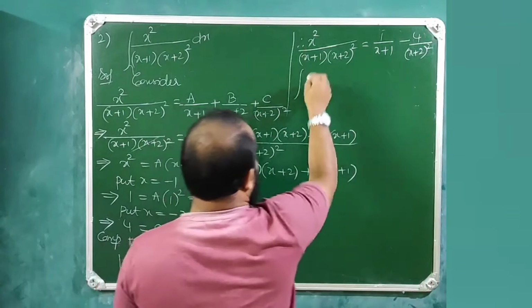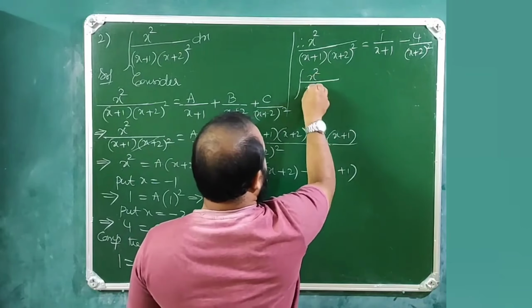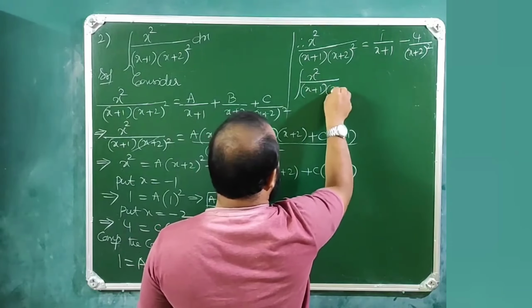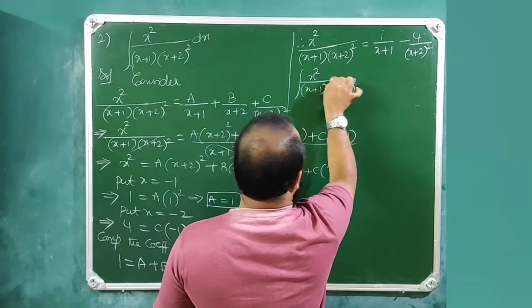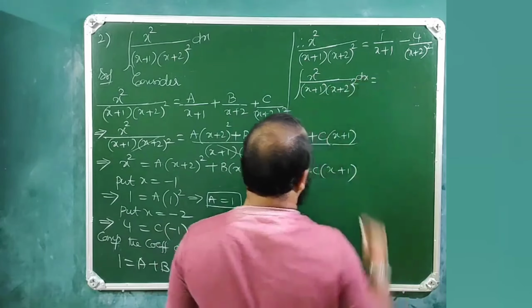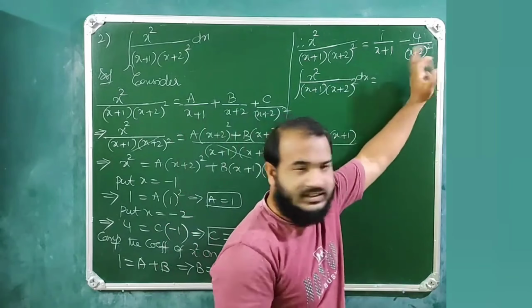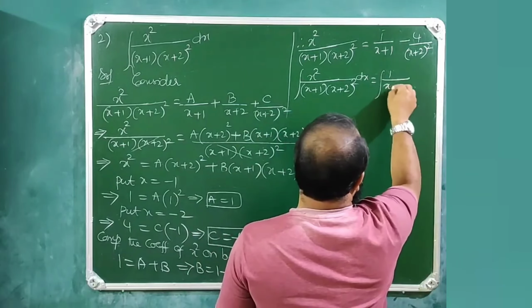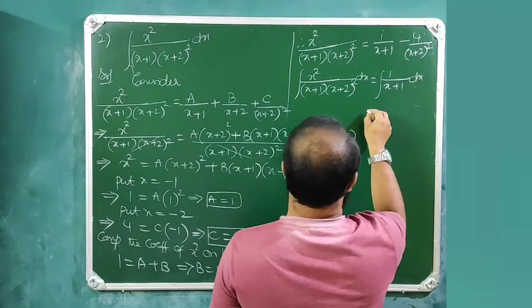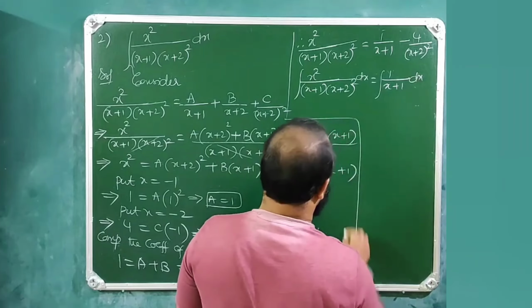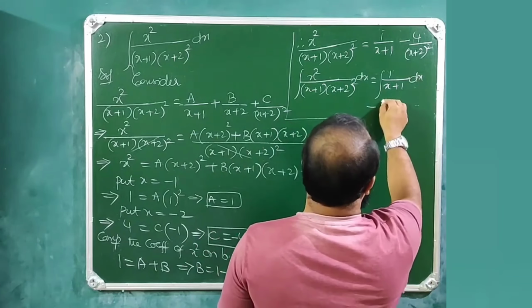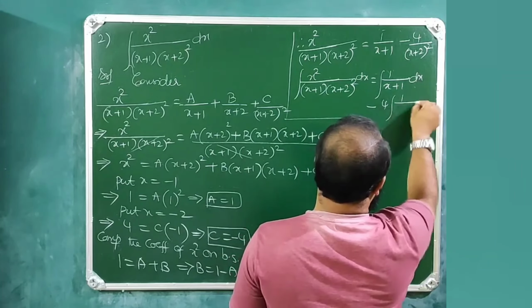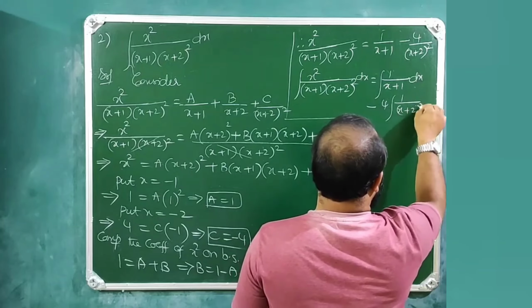Now let us integrate x square by (x plus 1) into (x plus 2) whole square dx. So integral of 1 by x plus 1 dx minus 4 integral of 1 by (x plus 2) whole square dx.